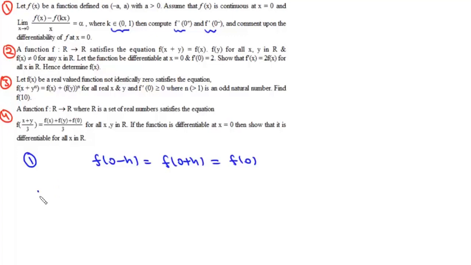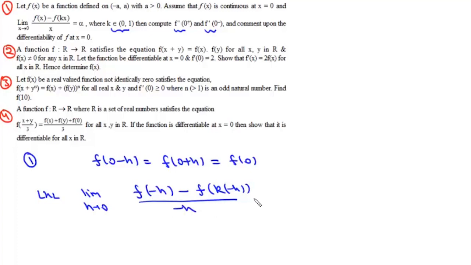Now if we take its left hand limit, it will be this limit h tends to 0, f(-h) minus f(k into -h) upon -h, and this value will be alpha. Now we'll subtract f(0) and add f(0).